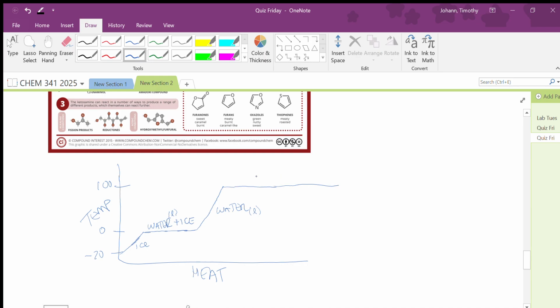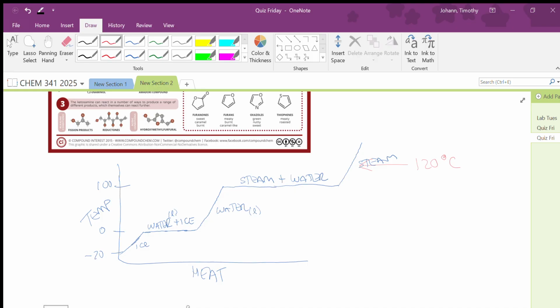And now we have gas, or we could just say steam right here. We're going to have a mixture of steam and liquid water. And then once all of it becomes steam, what happens? It can start going up again, right? So now we have steam. 120 degrees is about here, right? On my chart. All right, so 120 degrees is about there on my chart.